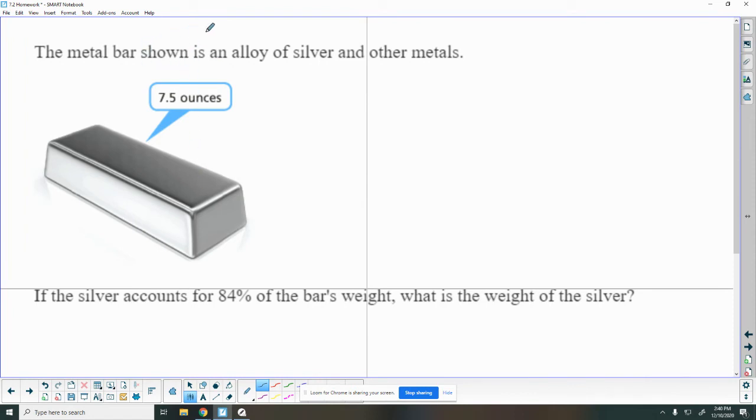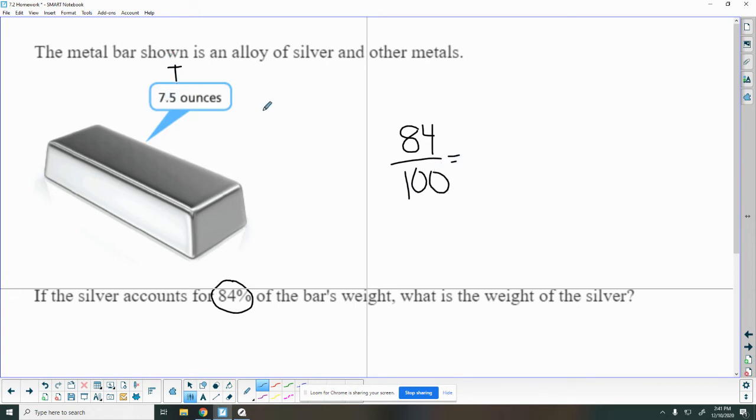Hey, number 3 tells us that a metal bar is shown. The metal bar shown is an alloy of silver and other metals. So it's a mix of silver and some other things. Here's our total. The silver is 84% of it. What is the weight of the silver? So I want you to write 84% as a fraction. So you've got 84% as a fraction, always over 100.